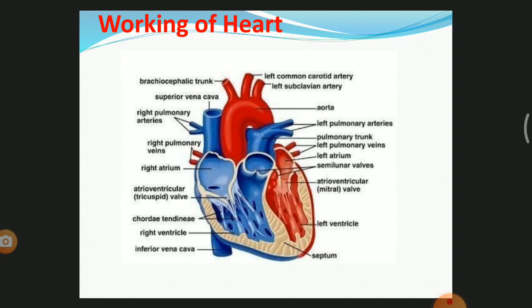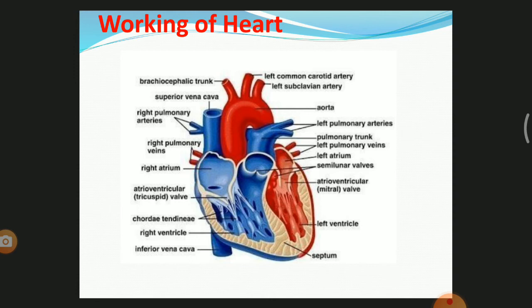So how is the blood pumped from the heart into the aorta, and how is the blood from different parts of the body collected again into the heart? That we are going to study in the working of the heart.